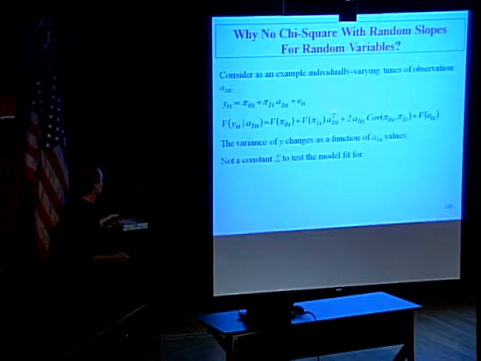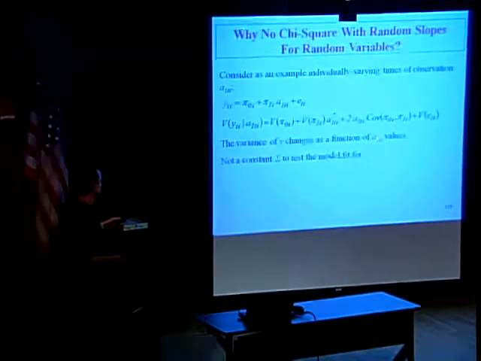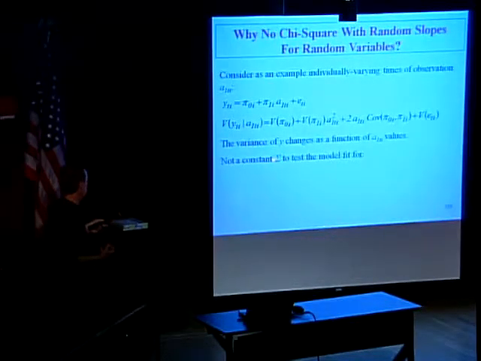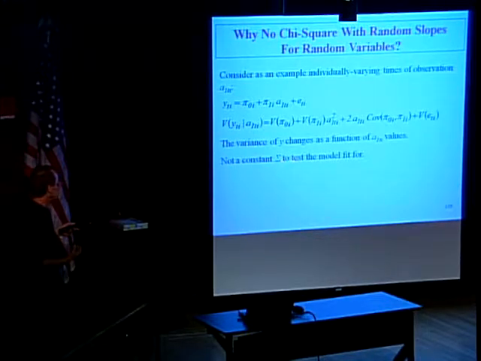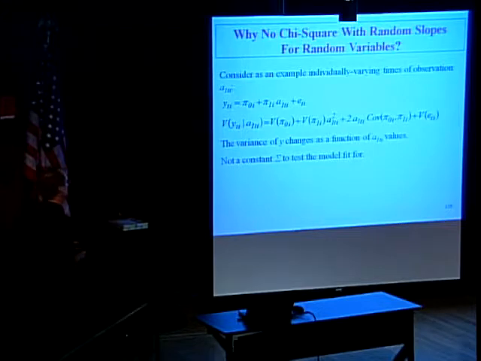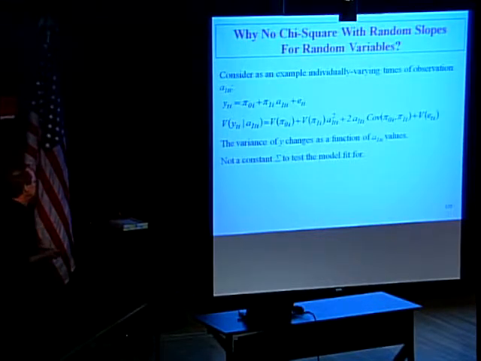But the fact that the variance changes as a function of the time scores means that there is not a constant sigma, a constant population covariance matrix. There's not a constant covariance matrix for Y to test the model fit for. There's not one covariance matrix. So the mean and variance covariance matrix testing of SEM falls apart here.